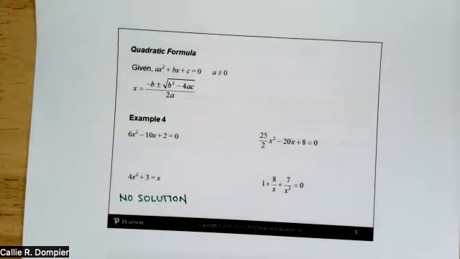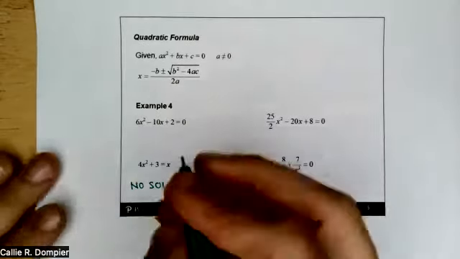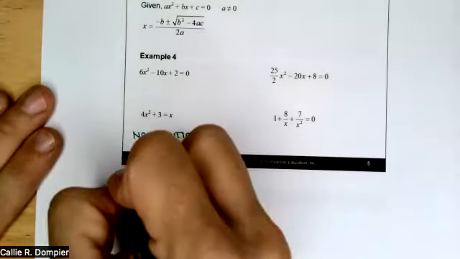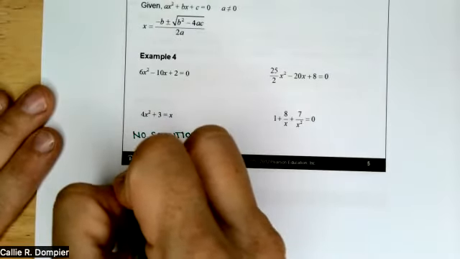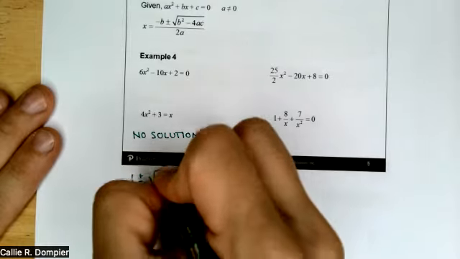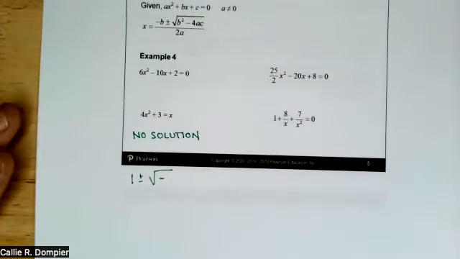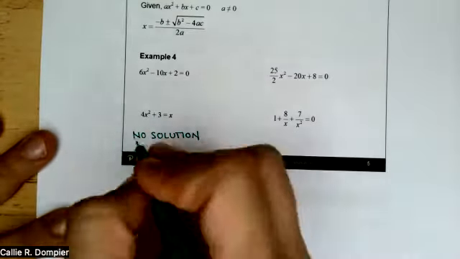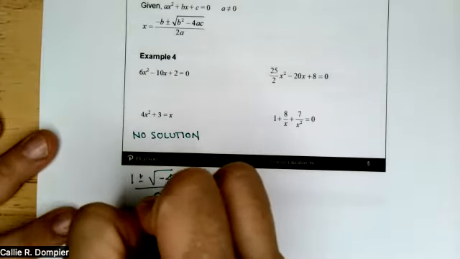because we had a square root. What we had was 1 plus or minus the square root of negative, it was 1 minus 48, 47 over 8, right?